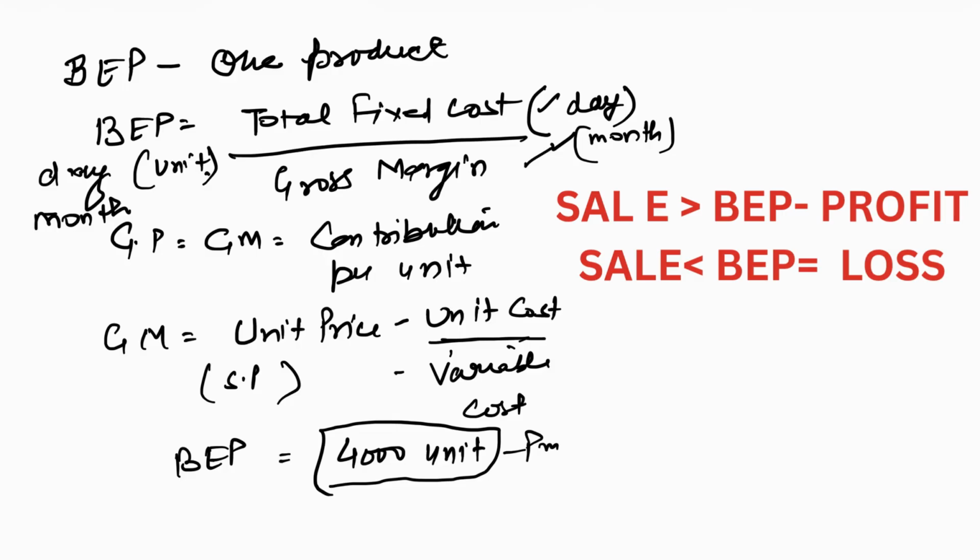If you are successful in selling more than 4,000, then you will earn profit. You are bound to earn profit. And if you are not successful in selling 4,000 or you sell less than 4,000, then you will bear losses. So this is how we calculated break-even point in class 11.